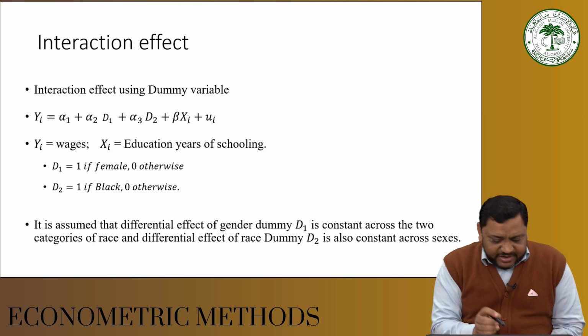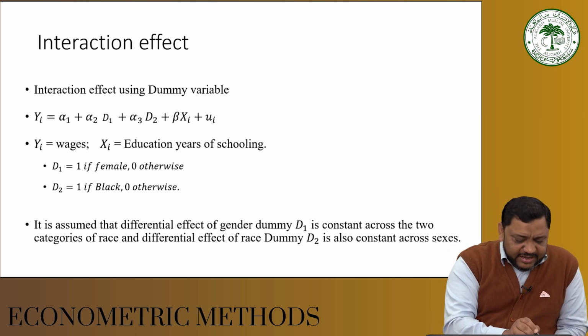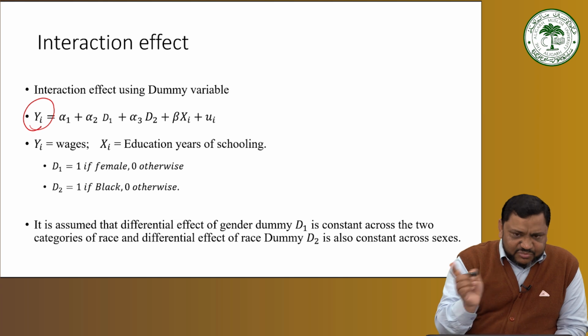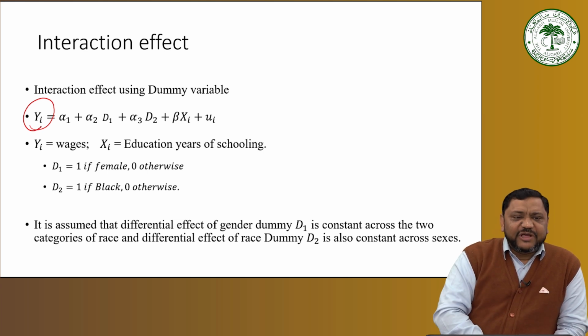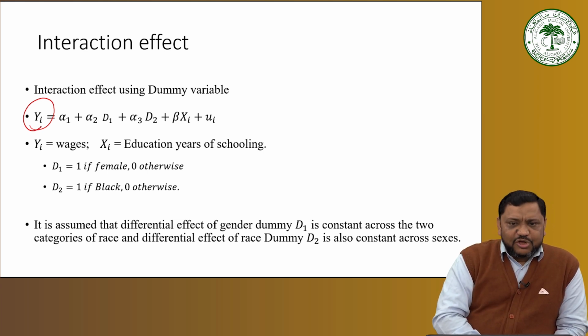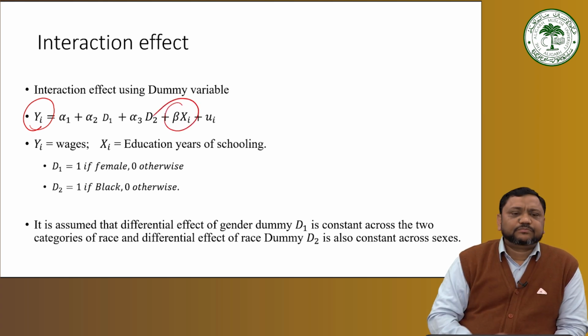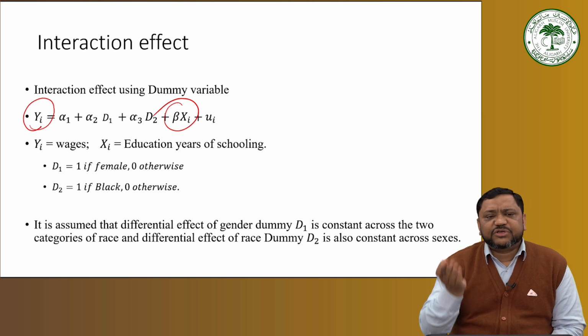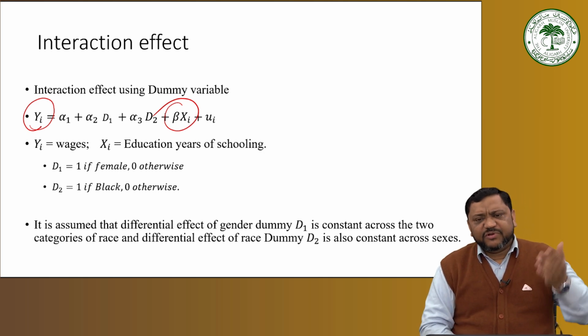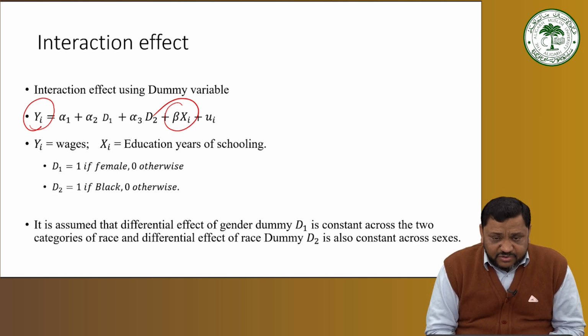What we are doing is taking the impact on wages. So we are seeing the impact of wage based on education. Obviously, if your education is high, your wages will be high.